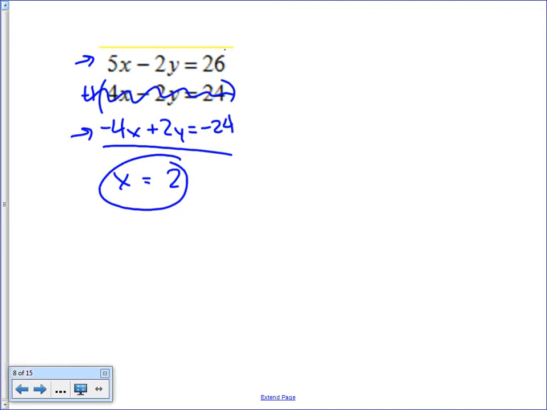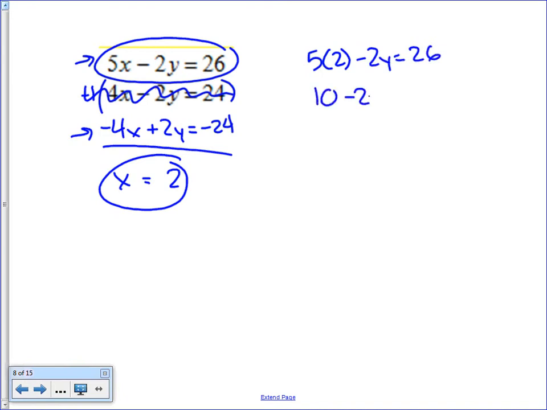Then going back and choosing one of the equations to plug it into, again, doesn't matter. Let's use the first one here. So 5x minus 2y equals 26. I need to plug in the 2 for x. So 5 times 2 minus 2y equals 26. 5 times 2 gives me 10. Minus 2y equals 26.